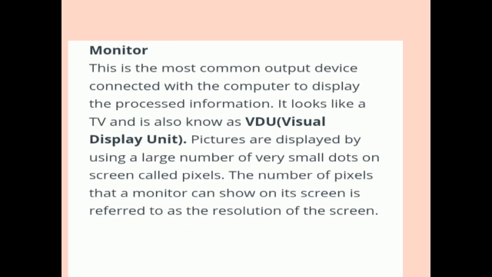Monitor is our example for an output device, connected with the computer to display the processed information, what we have entered, or if we want to show any information to others, we need a monitor. This is known as visual display unit.